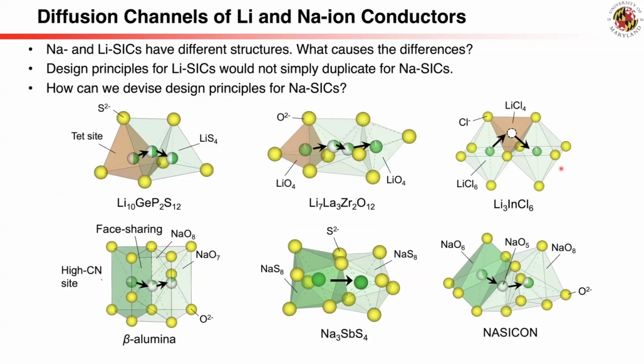Here we compare a few best performing lithium superionic conductors versus a few sodium superionic conductors. You can obviously see that their structure, the lithium-sodium coordination, and their diffusion channels are very different.